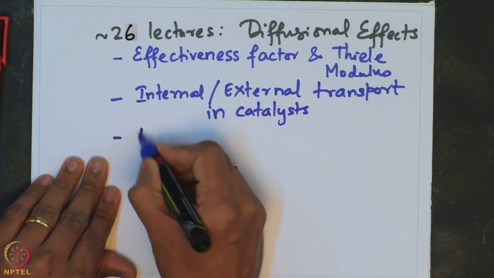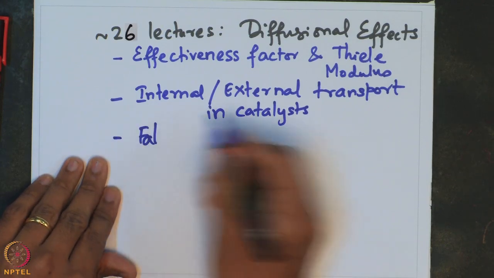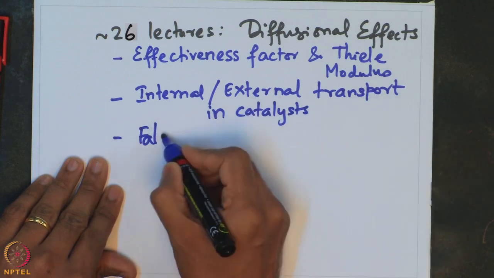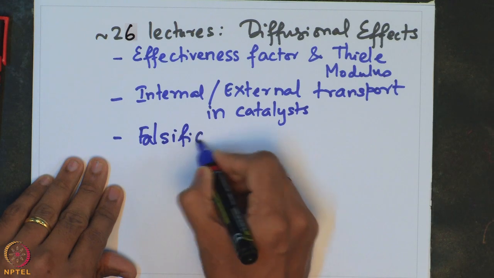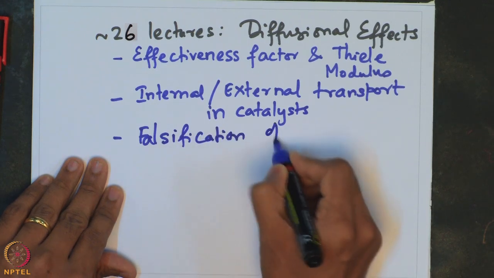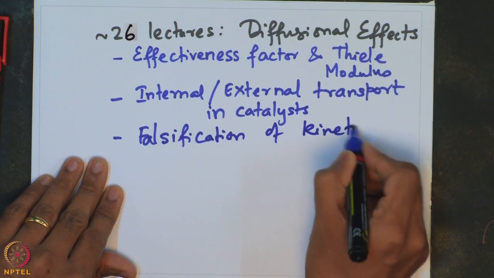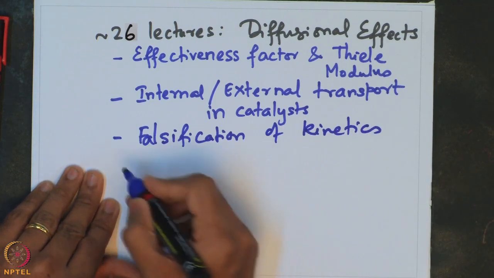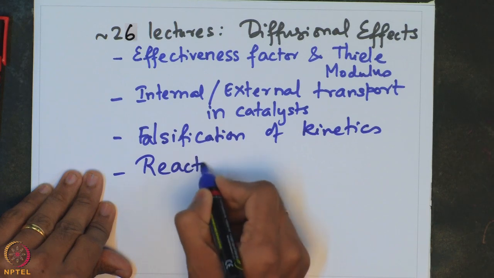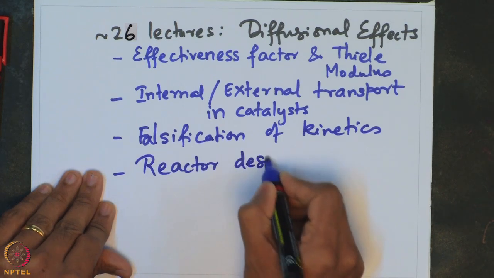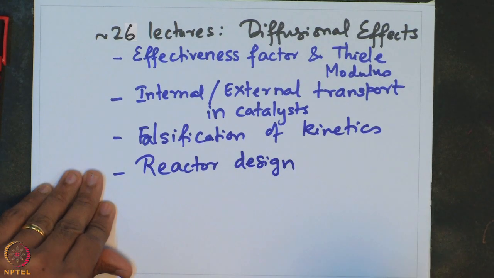And then we will look at how the presence of such internal and external transport actually leads to falsification of the observed kinetics. How does it lead to the falsification? And then we will look at how to incorporate these in the actual reactor design.